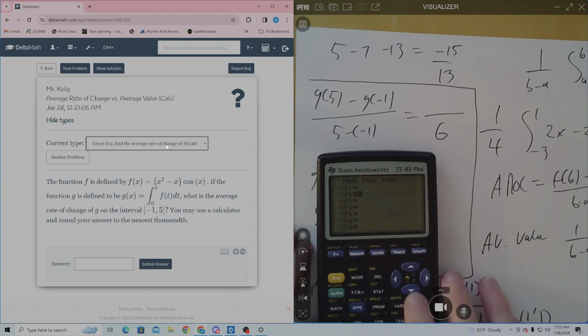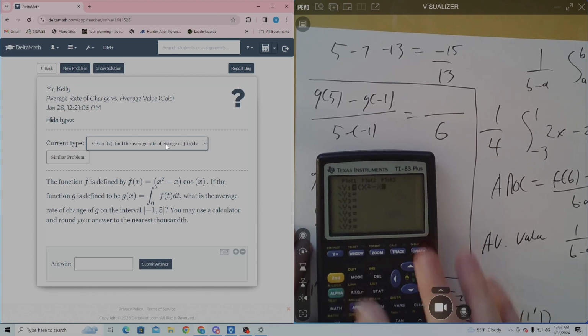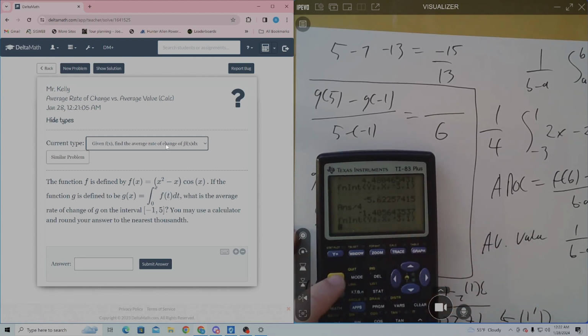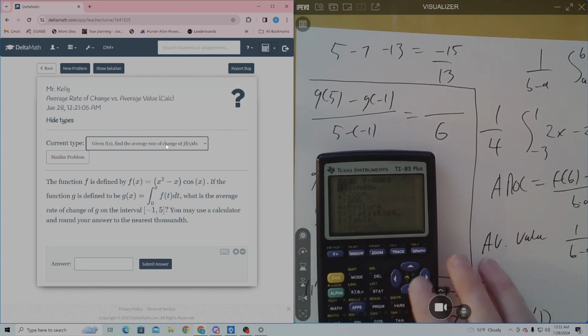So we're going to do x squared minus x cosine x, and then we'll math 9 that at y1, from 0 to -1 will be the first one.